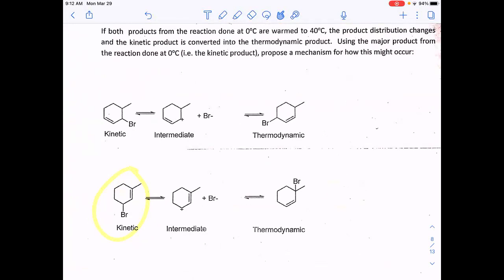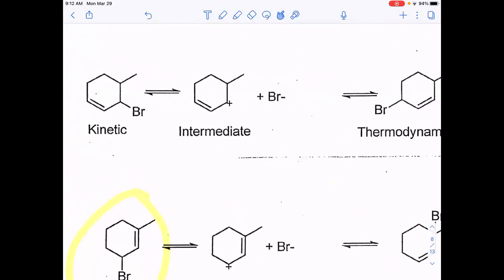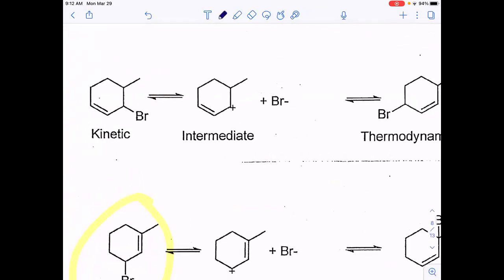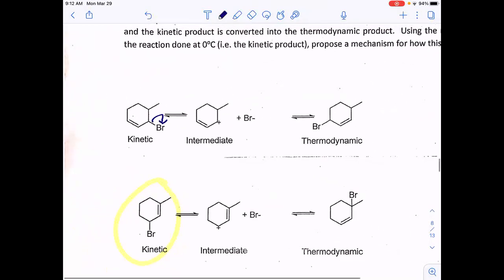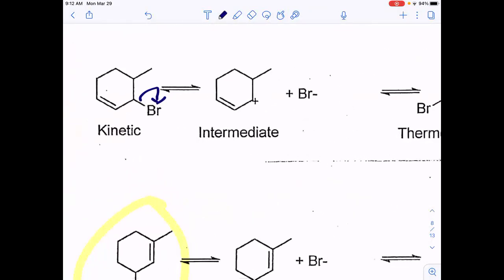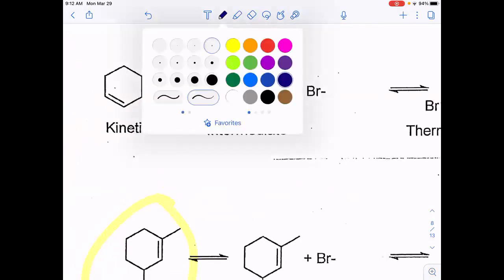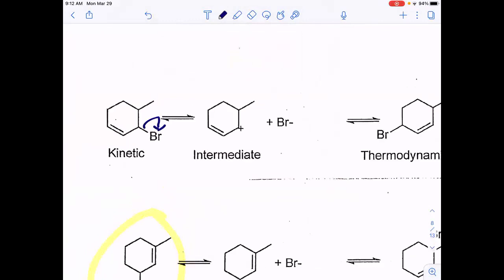You make the bromine leave, and then you have to move the double bond towards the plus charge where the bromine would be. And then once you move that double bond, it's going to create another plus charge, and that's where the bromine will attack. Okay, so I lose the bromine. I put that arrow in first. And then you said to go ahead and do resonance.